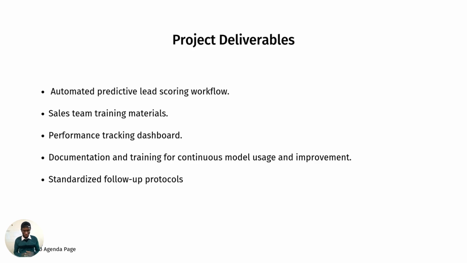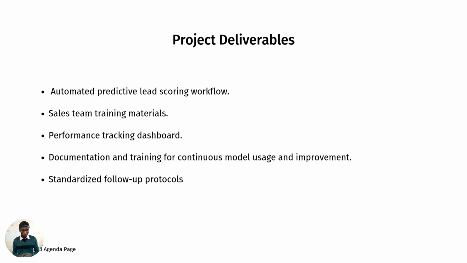So that will be the action plan and project deliverables. At the end of this, we are going to be delivering an automated predictive lead scoring workflow. That is the entire workflow from where we are getting our data until the prediction, and how those predictions are going to affect the marketing teams, the sales teams, and all that.